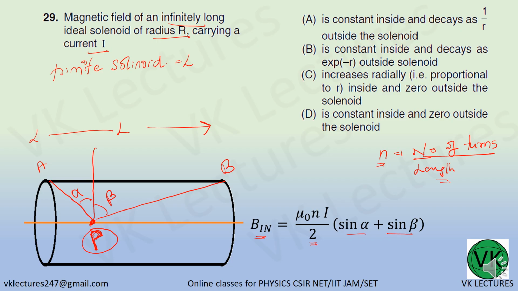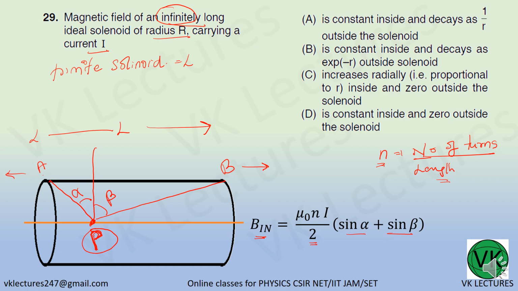Now suppose A is at infinity and B is at infinity, then this solenoid will become infinitely long solenoid. Then what happens? Alpha and beta will become 90 degrees.